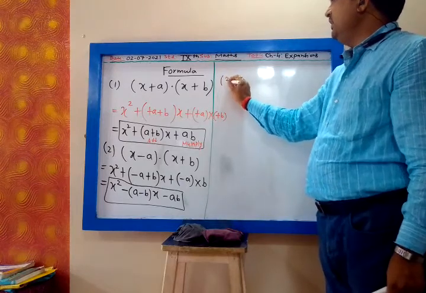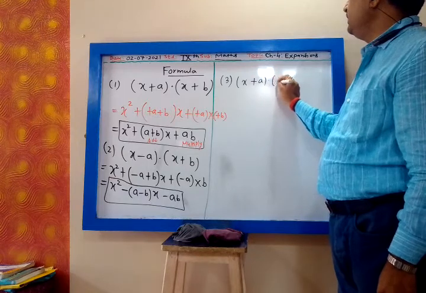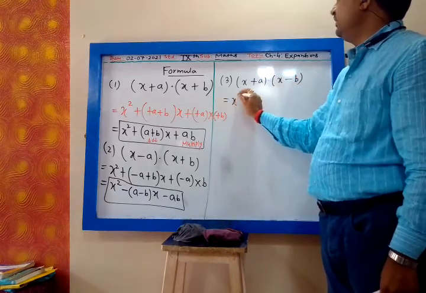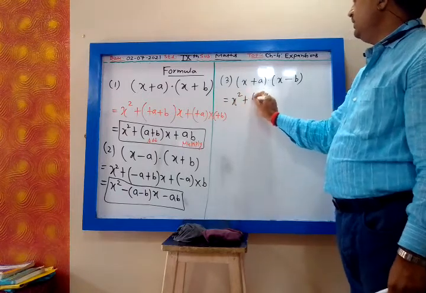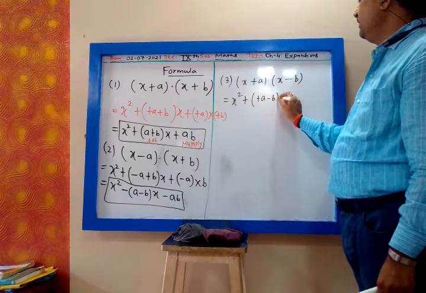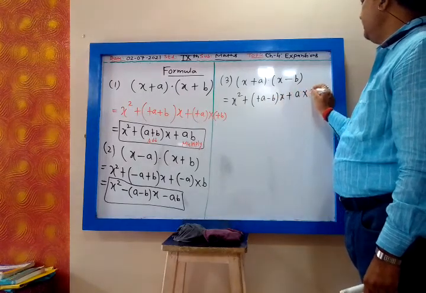Then third it will be x plus a into x minus b. Tell me what that will be. Same thing, x square, then plus a minus b into x, then plus a into minus b, that's all.